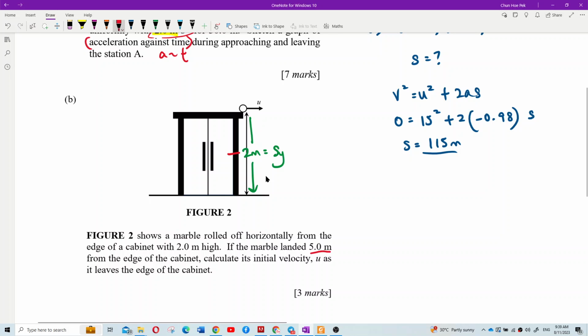Landed 5 meter from the edge of the cabinet. That means the edge is over here. This is the edge, or here also. So 5 meter.